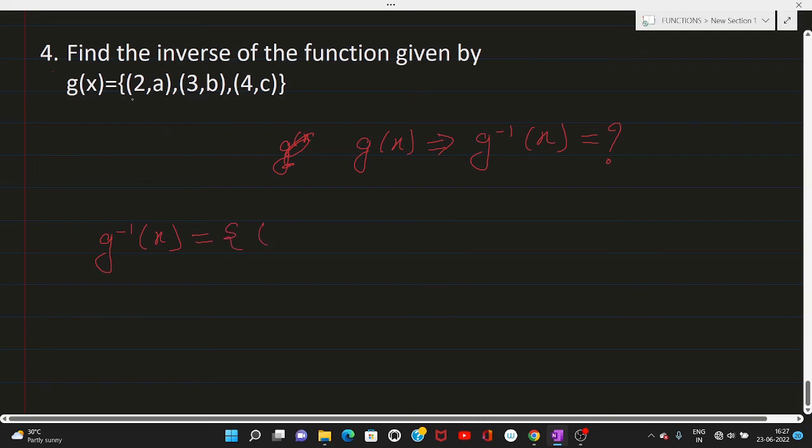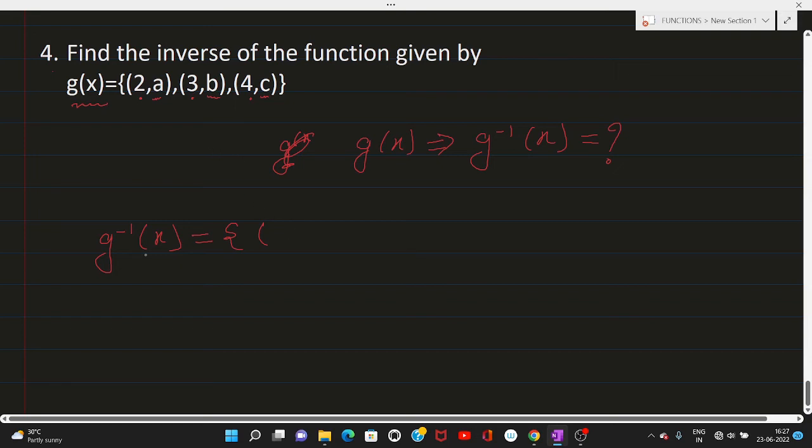So here in function g(x), these 2, 3 and 4 are the part of the domain, and a, b, c are the part of the range. So we will make domain as range and range as domain.